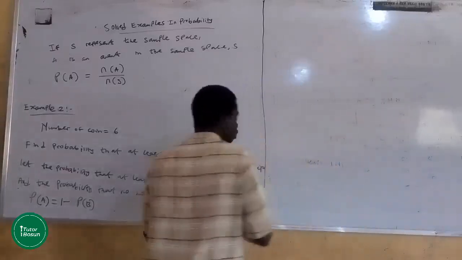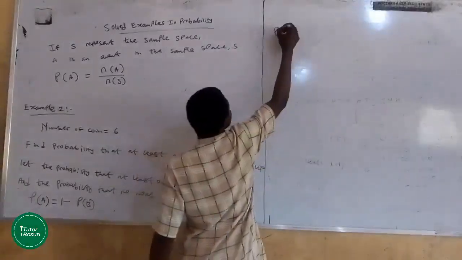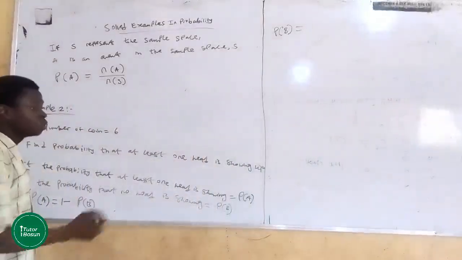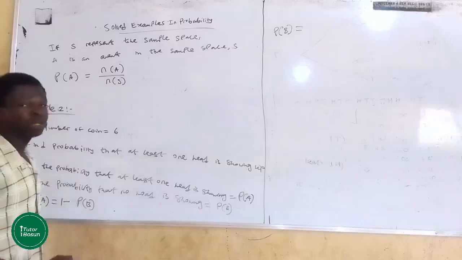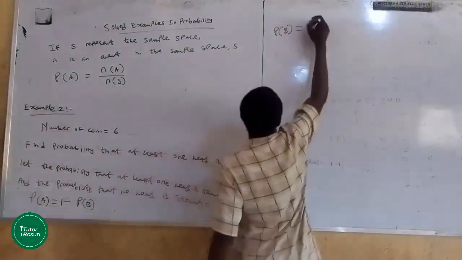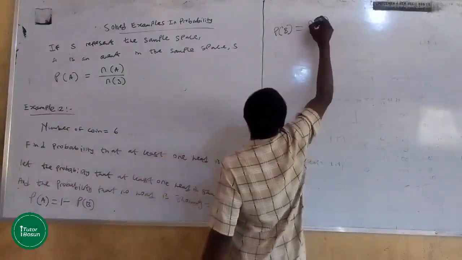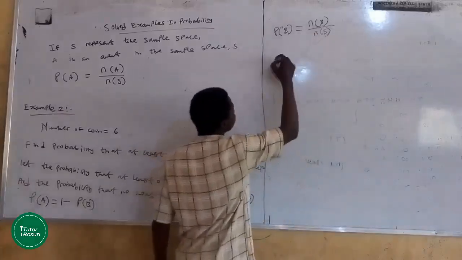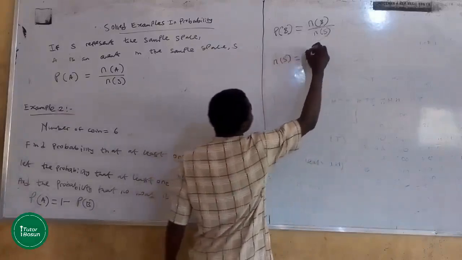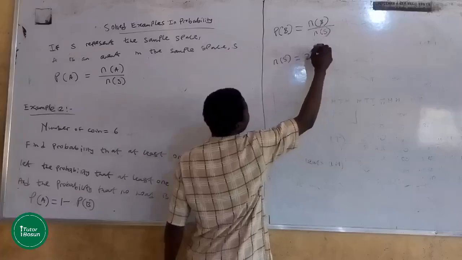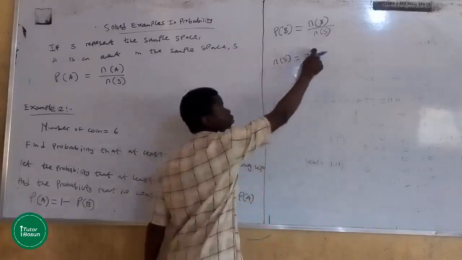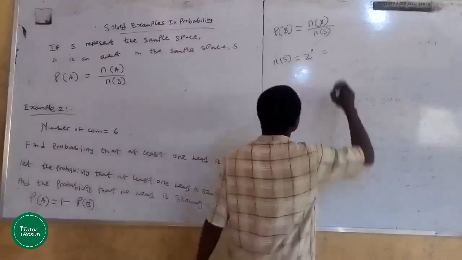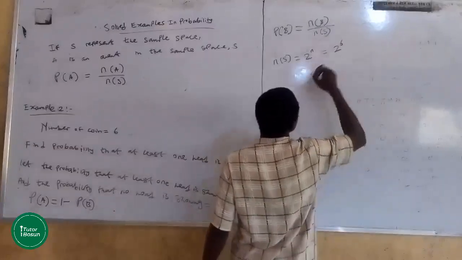So the probability that no egg is showing, the only situation whereby no egg is showing will only be once. And that will be NB over NS. And I already told us NS for coin is definitely 2 raised to power n, where n is the number of coins, and here the number of coins is 6, so 2 raised to power 6.